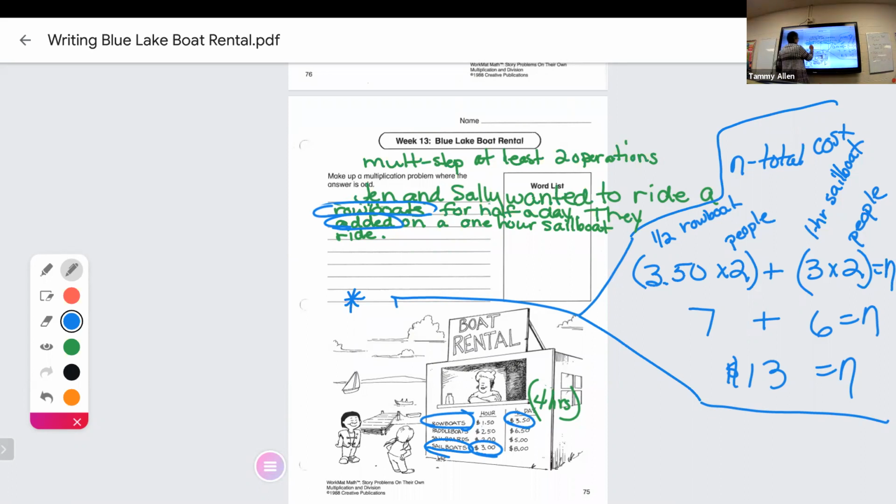Okay, so if each person had to rent their own, what are they, boats? Are they both boats? What would the total cost be?